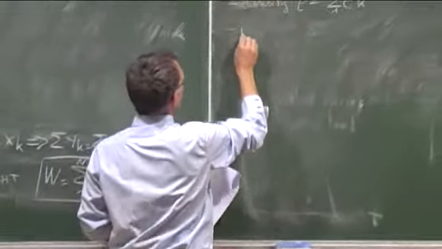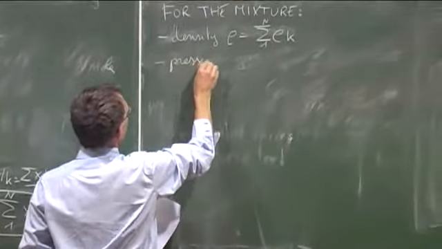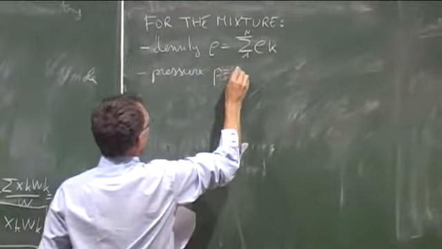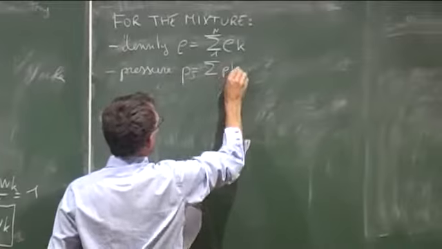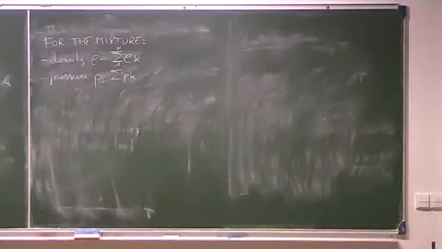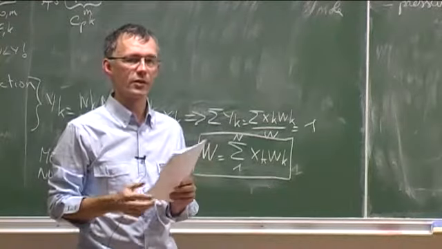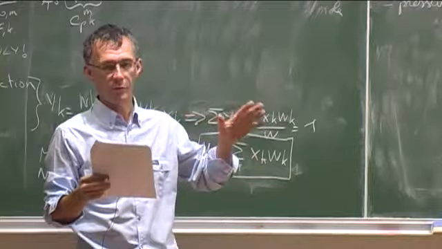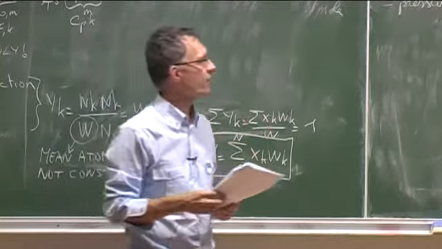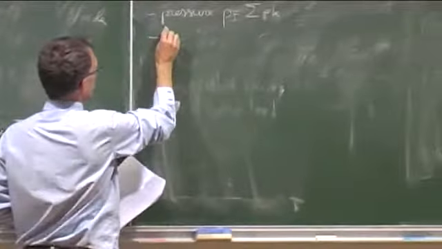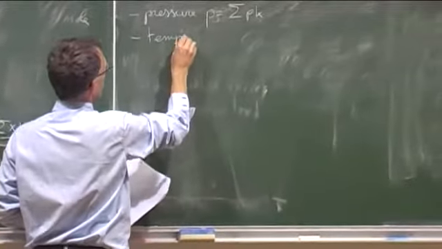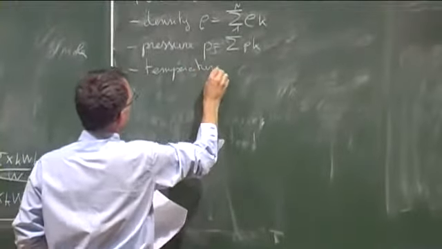The pressure, P, is equal to the sum of the pKs. Same thing. You would have to look at kinetic theory to see why, but basically we can add all the pressures because it's a mixture of perfect gases. The temperature, of course, there's only one. Temperature is the same everywhere, so it's T.